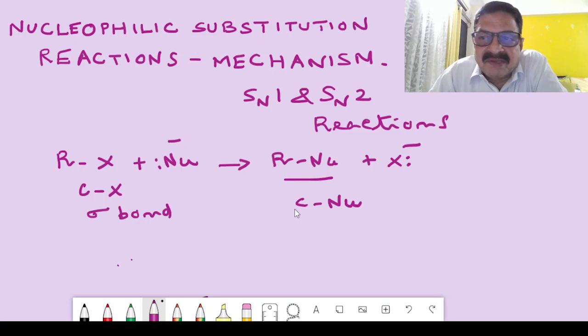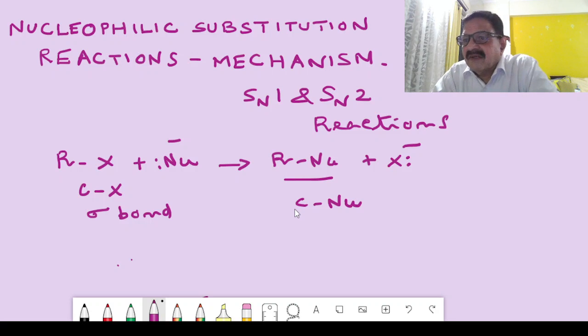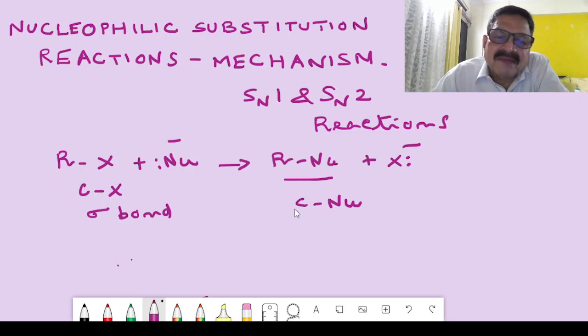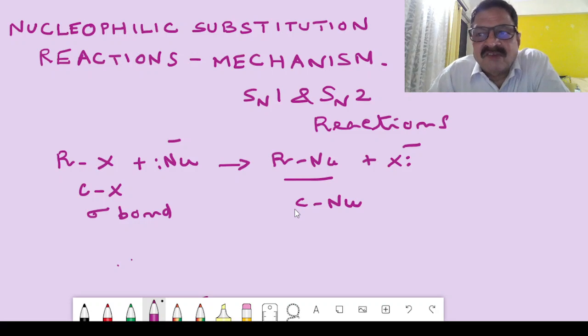So the carbon atom is an sp3 hybridized carbon atom, and two sigma bonds are involved. The bond between the carbon and the leaving group is broken, and a new bond between carbon and the nucleophile is formed. Now, to understand how this reaction takes place, that is the pathway or mechanism of this reaction, we have to see the timing.